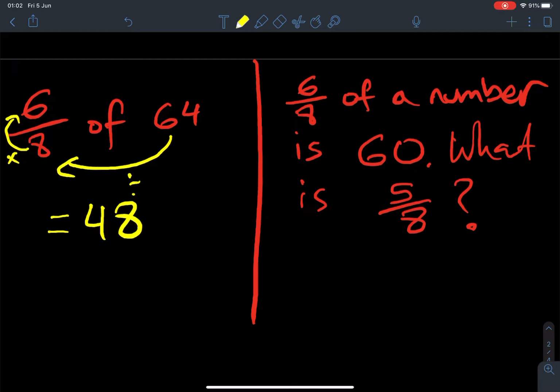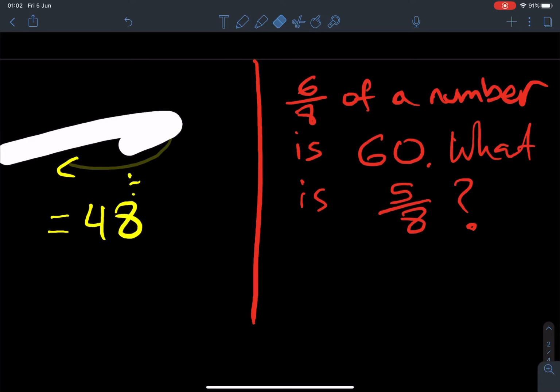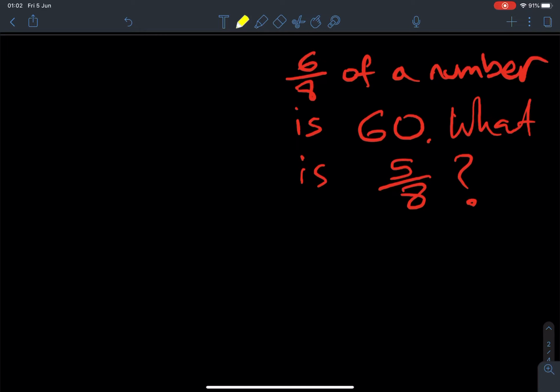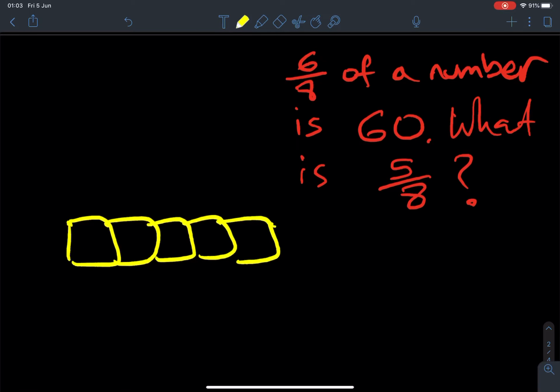Now, how am I going to do the second slightly harder one? 6/8 of a number. So if I was to draw it, 1, 2, 3, 4, 5, 6, 7, 8. 6/8 of a number is 60. Is it telling me that the entire value is 60?